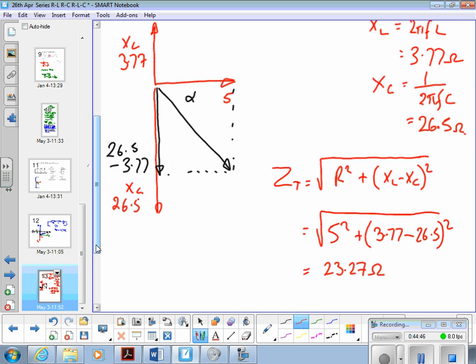So that is less than the overall magnitude of the impedance when we had just the capacitor in, which is what you would expect, because that little bit of inductance is pulling this up here and shortening that length of that line, and we'd expect it to narrow the angle.